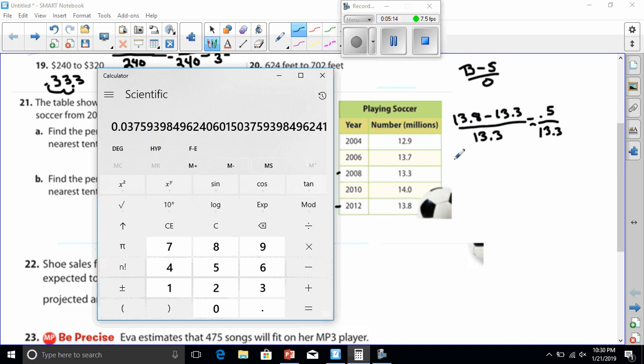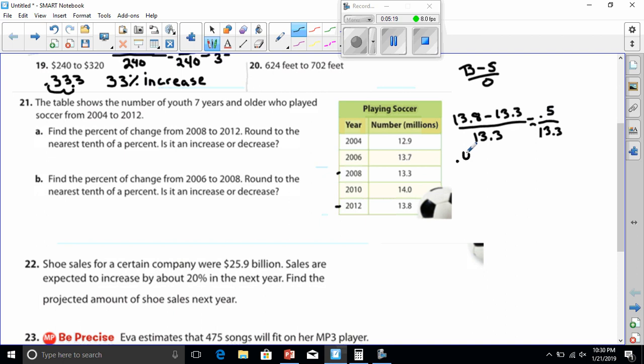So 0.038 is going to give us 3.8%. All right, so the percent to the nearest tenth is 3.8. And is it an increase or decrease? Well, it went up from there to there, so increase.